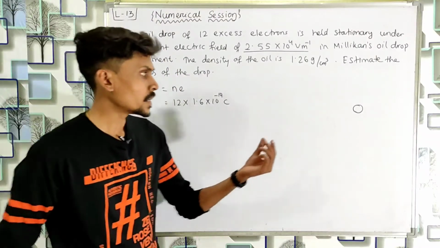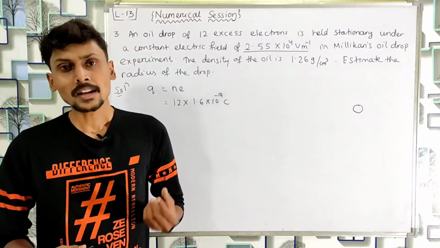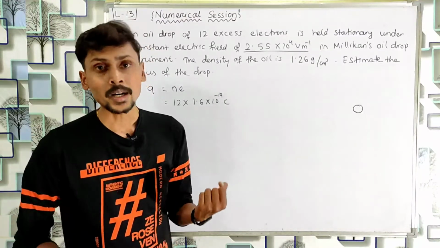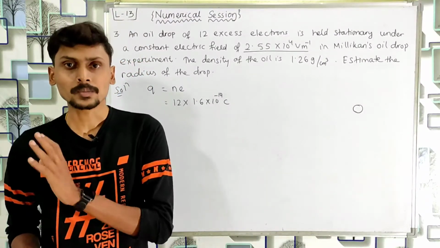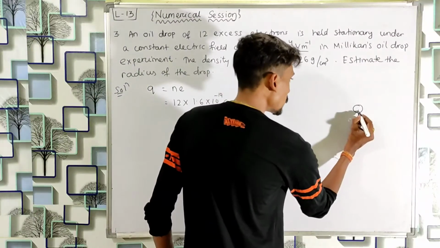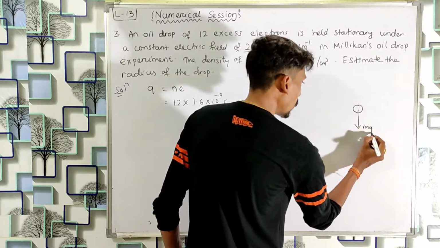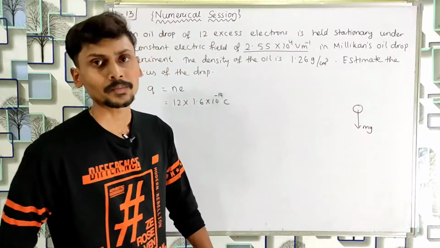So we know that this oil drop has some mass, and that's why it will be attracted by gravity with a force m into g. So the force mg, or the weight of the oil drop, will be vertically downward.